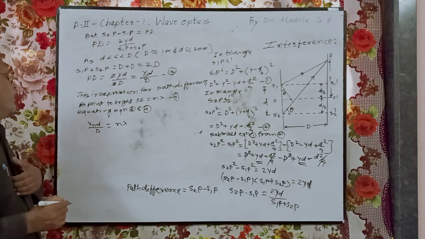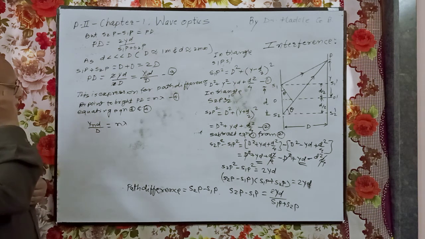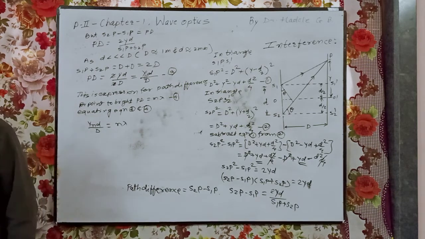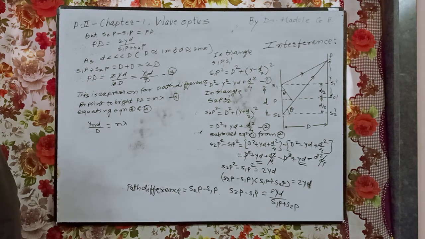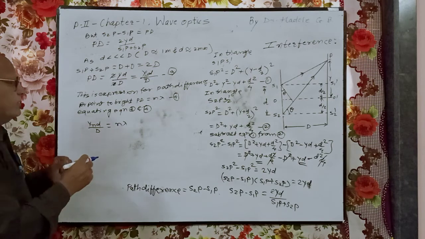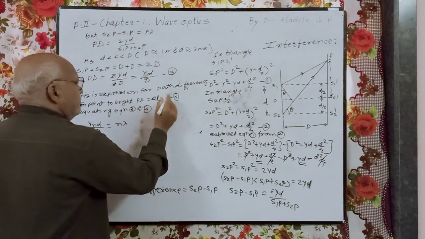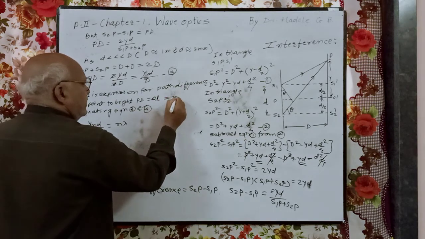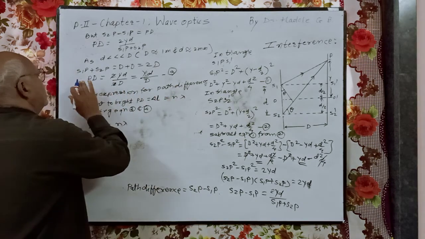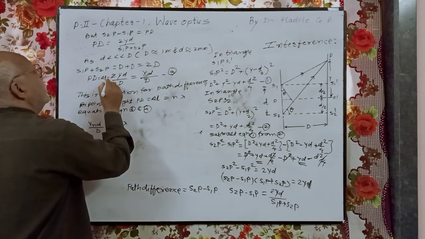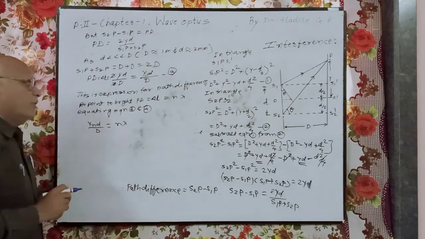YD upon capital D equal to n lambda, and therefore the path difference that I will denote by delta L is equal to n lambda. This I will denote by delta L, it is equal to YD upon capital D.